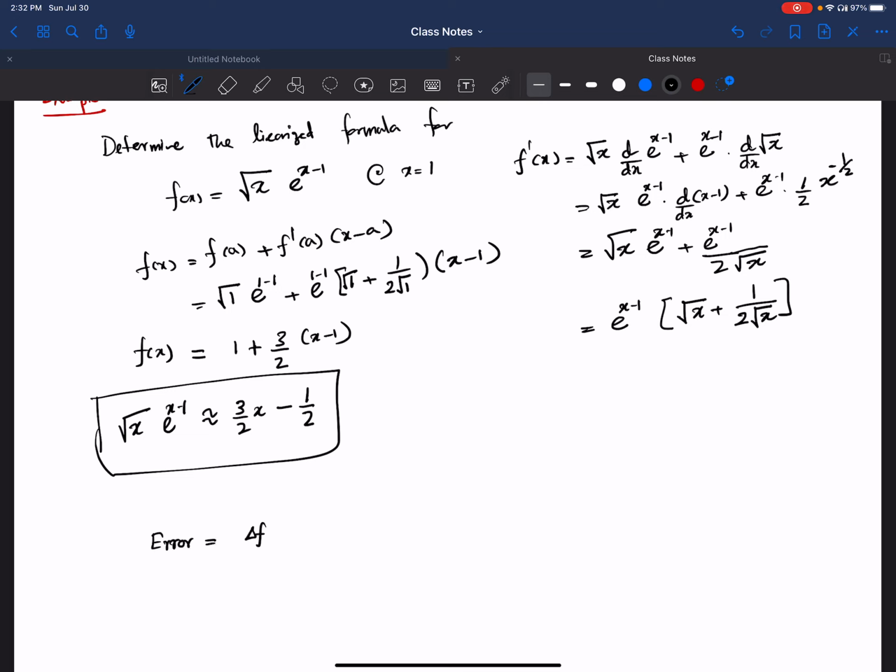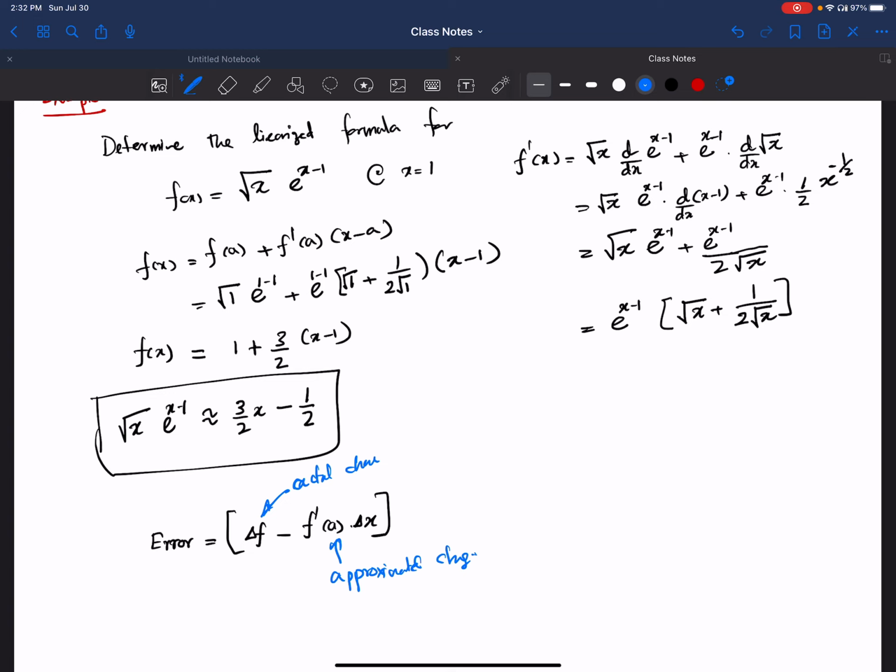That's the actual value change minus the approximated change f prime of a delta x, right? This is the actual. This is the approximated change. It's called error, right?